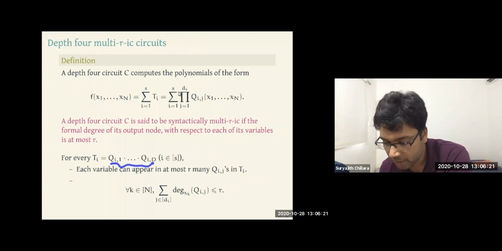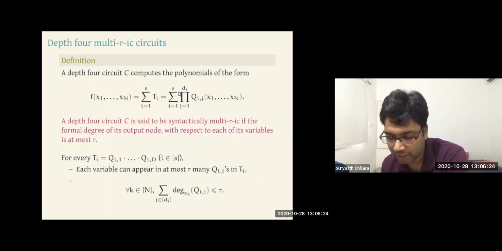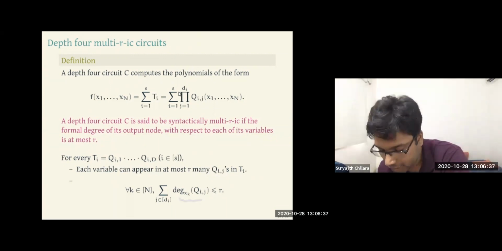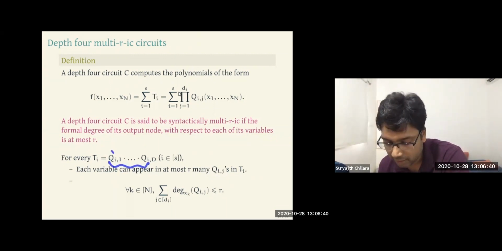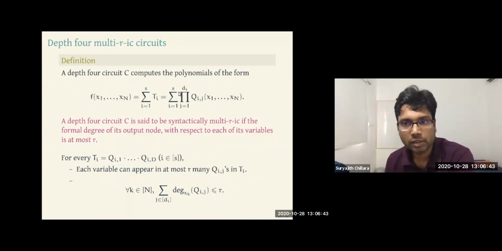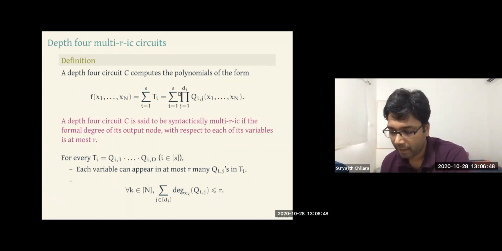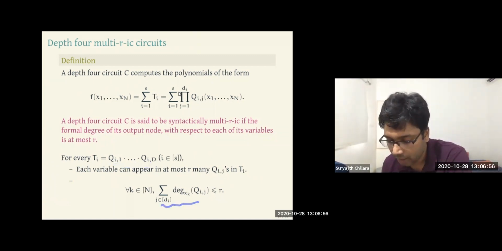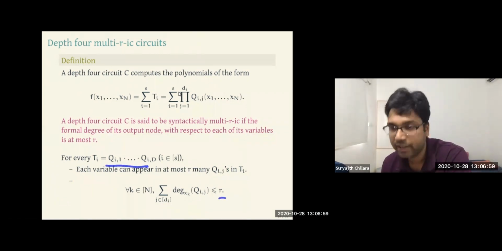Let it be a product of polynomials Q1 to Qd. All that syntactic multilinearity says is that if you take any variable, it appears in at most R many factors. Further, if you take the individual degrees of each of these factors, they sum up to at most R. So a variable xk does not appear in more than R many factors here, and the sum of individual degrees is at most R amongst all these factors.